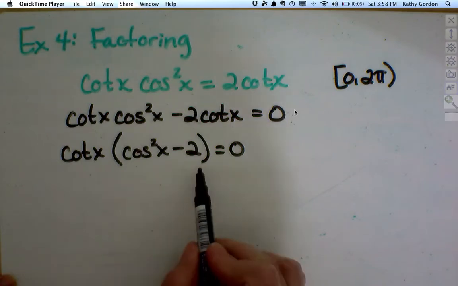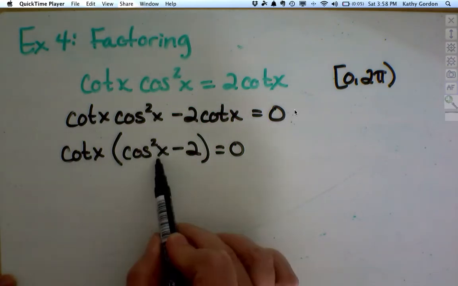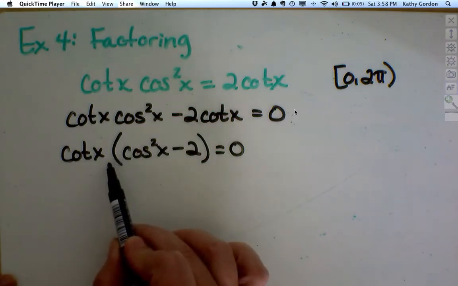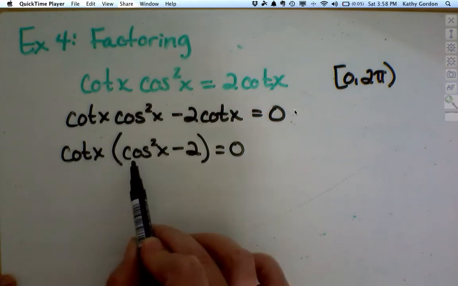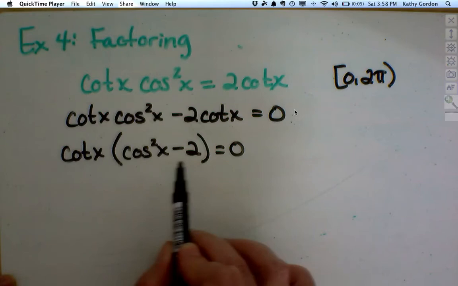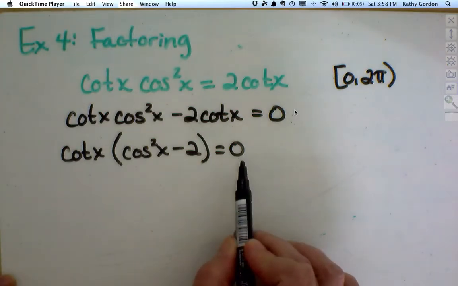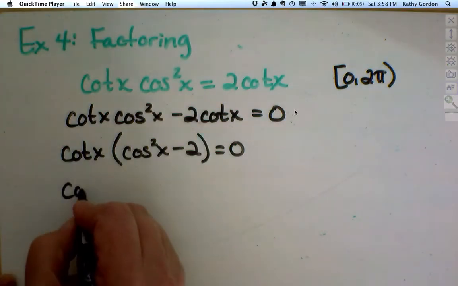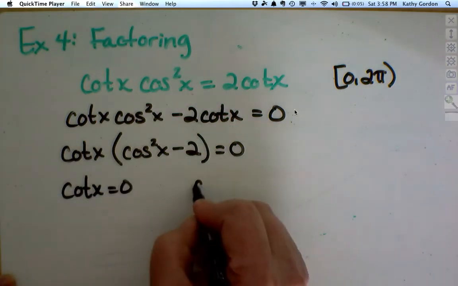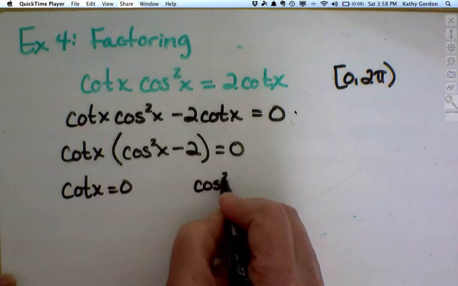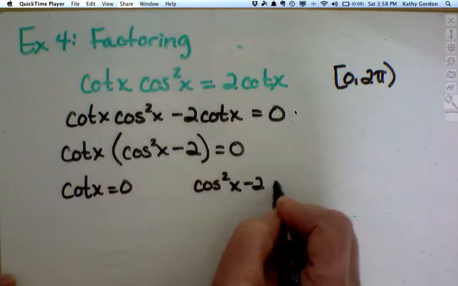And so now, because I have factored these, I can use my zero product property and set each factor equal to 0. So my cotangent of x will equal 0, and my cosine squared of x minus 2 can equal 0.